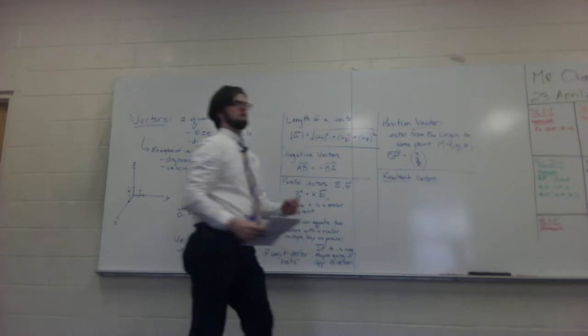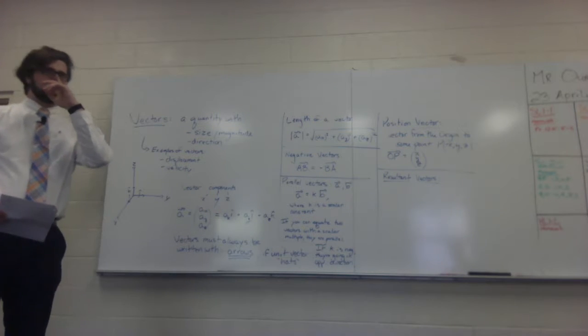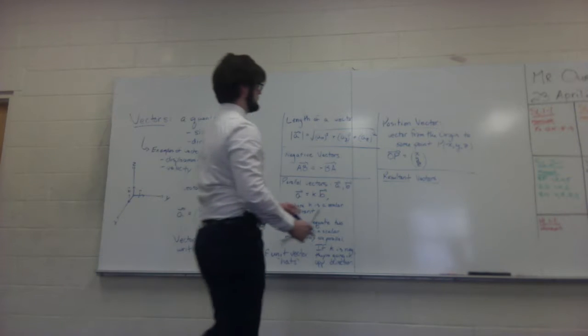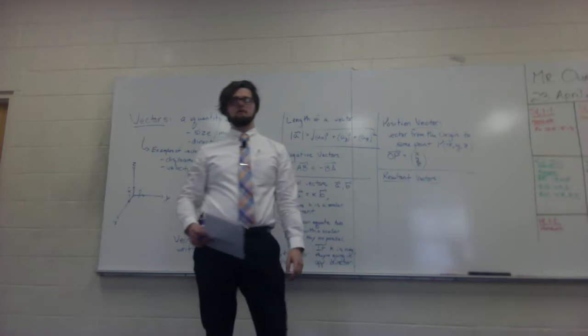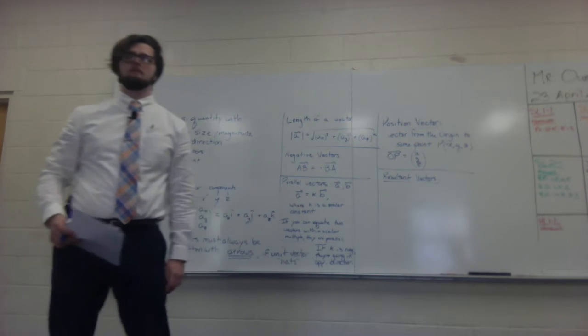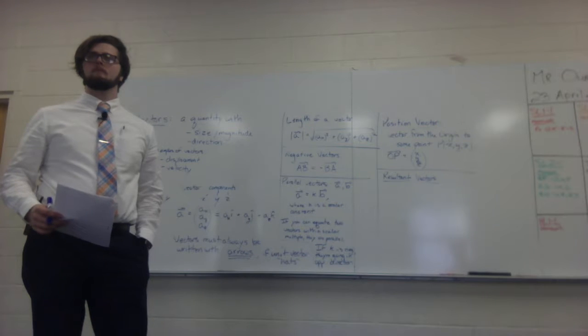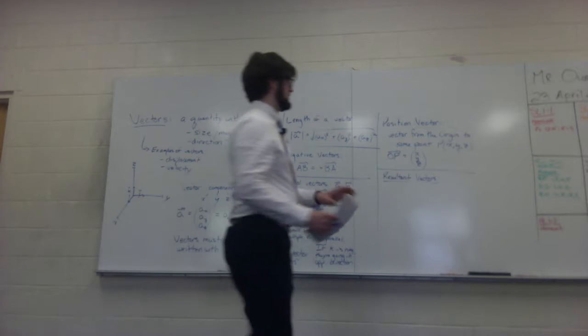The magnitude of the resultant vector. So you subtract the position vector of A from the position vector of B. Before we talk about the mathematics, what is a resultant vector? Isn't that multiple position vectors together? Right, it's between 2 points.